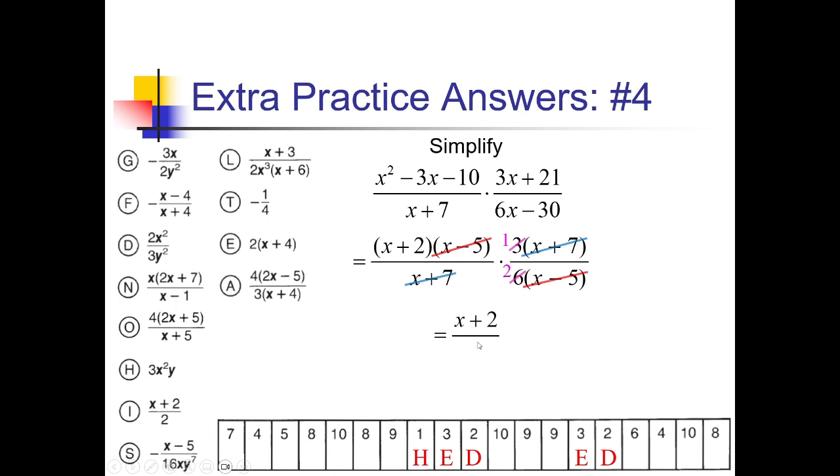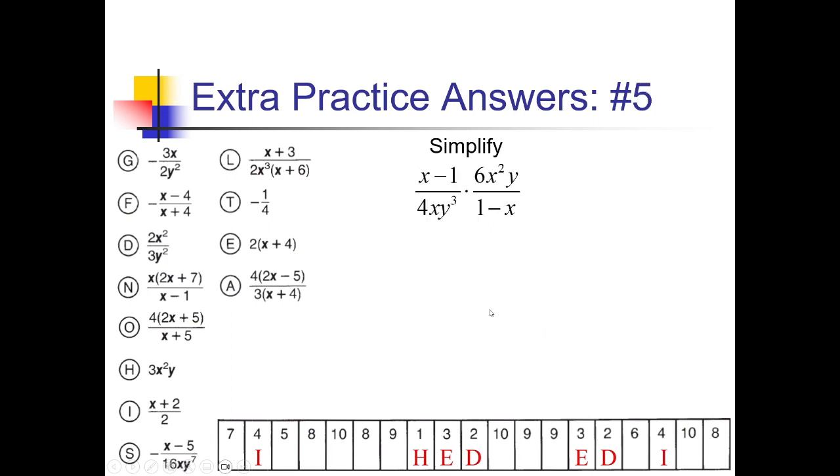And in the denominator, all that's left is this 2. So x plus 2 over 2, and we know that we can't cancel these 2's as much as we would like to because we can't separate them off into their own fraction. So x plus 2 over 2 is I. That goes in spot 4. And there's actually another 4 all the way over here, so we get another one where we get 2 for the price of 1.